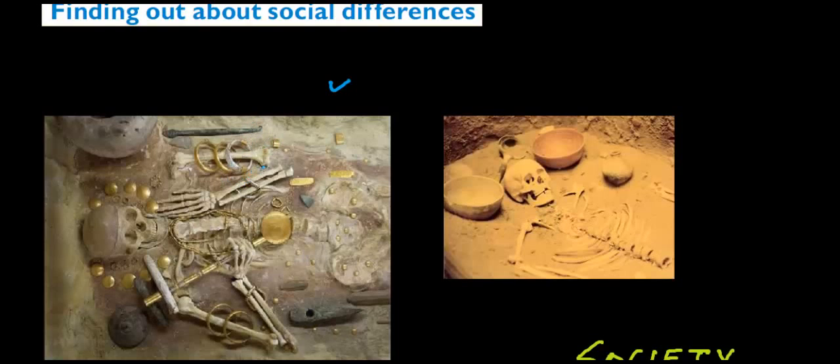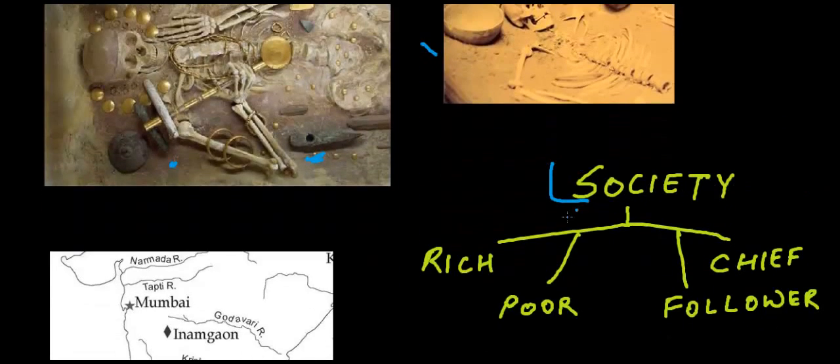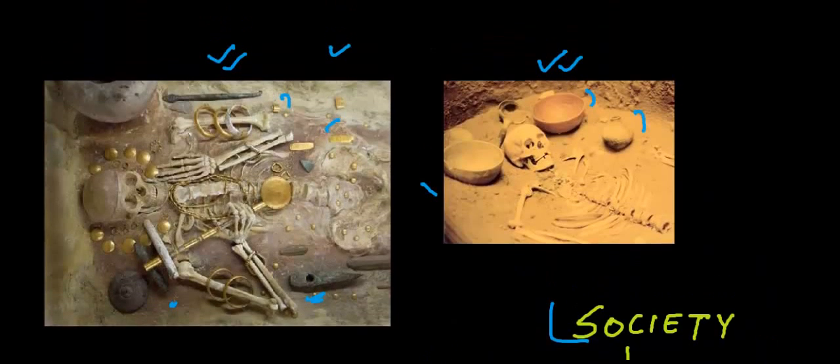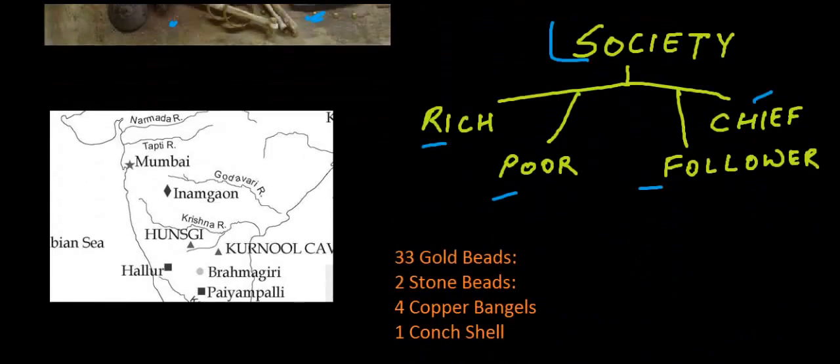He has several ornaments made of gold or copper or certain kinds of stone, and there's another photograph which only has some pottery or utensils. So we can easily estimate that this man might have been a poor person at that time, and this man might have been a rich person in those societies. So we can see that in a society we have rich and poor, chiefs and followers, and accordingly the burial sites were given such aristocracy.